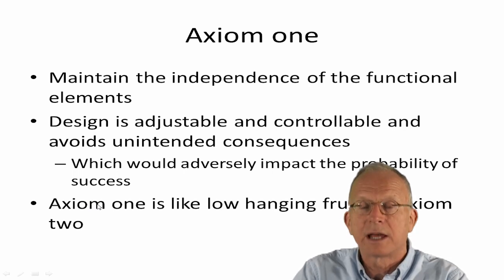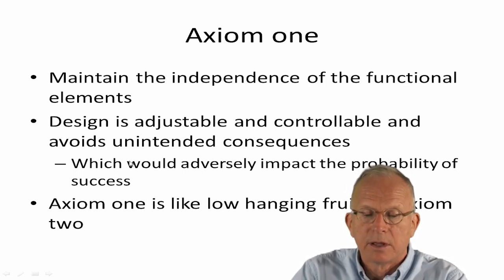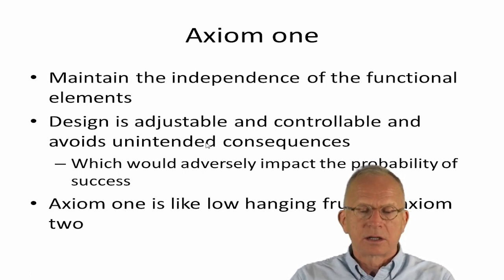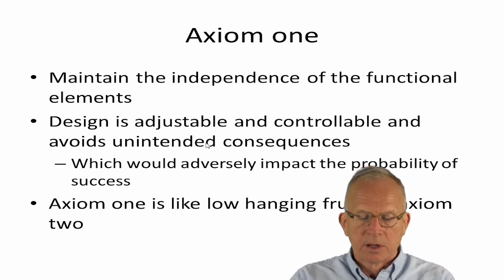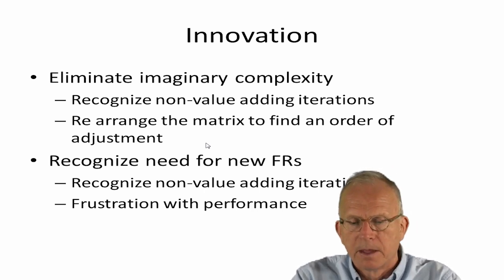So in some ways, axiom 1 is kind of like low-hanging fruit for axiom 2. Axiom 1 gets rid of the easy things, the things that are clearly wrong with the design, that would prevent it from being adjustable and controllable and lead us into unintended iterations.